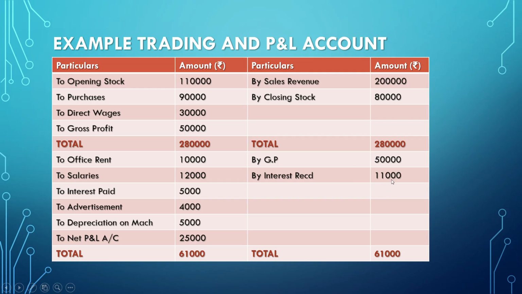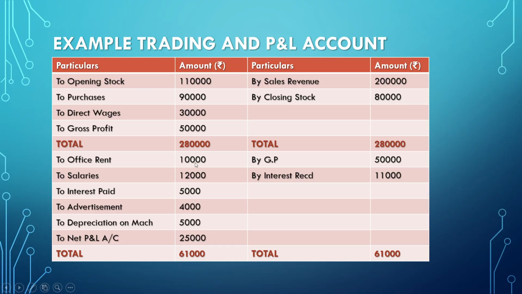Okay, so by interest received 11,000. If commission is received it will be here, and as I said, if rent is received, it will be here. Okay, so now this is totaled. We total 50 plus 11, 61,000. This is the total of your P&L.